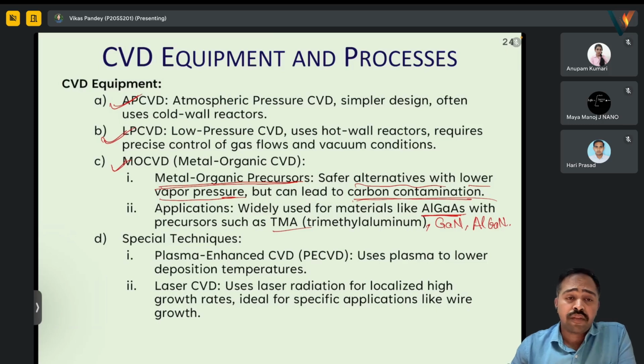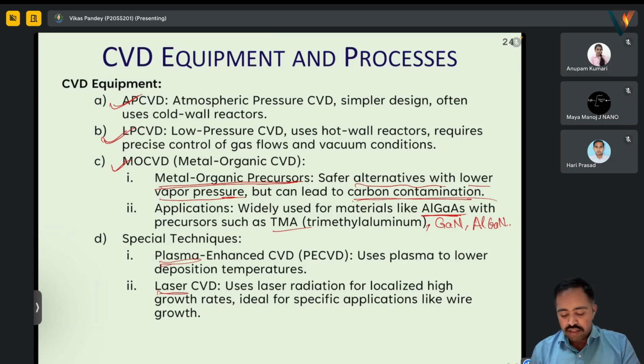Then there are some special techniques like plasma enhanced CVD and laser CVD, where it is like a thermal CVD or normal APCVD, LPCVD, any CVD you go for. But along with the temperature, plasma is used, and plasma will further lower the activation energy. As such, the deposition can take place at a lower temperature itself.